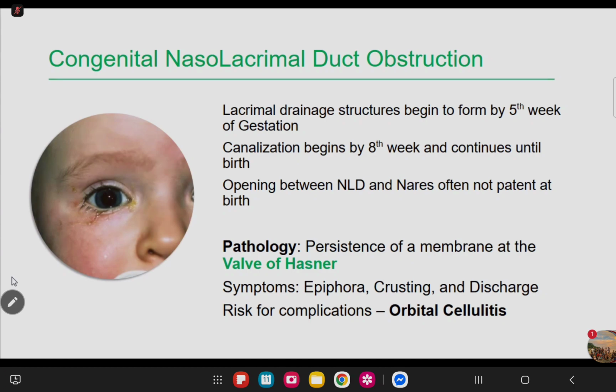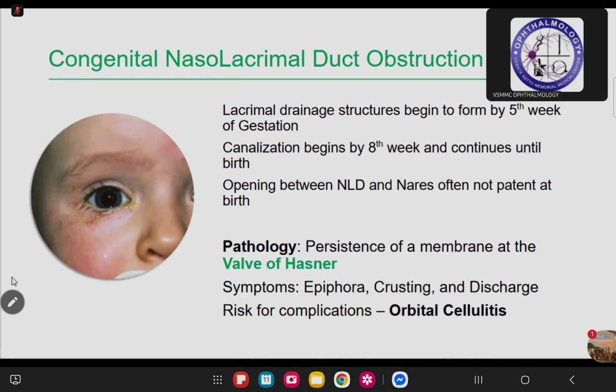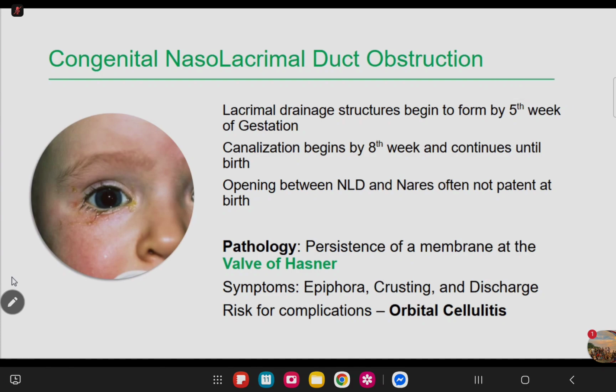For babies, their lacrimal drainage structures begin to form by the fifth week of gestation, and canalization begins by the eighth week and continues until birth. The opening between the nasolacrimal duct and the nares is often not patent at birth.